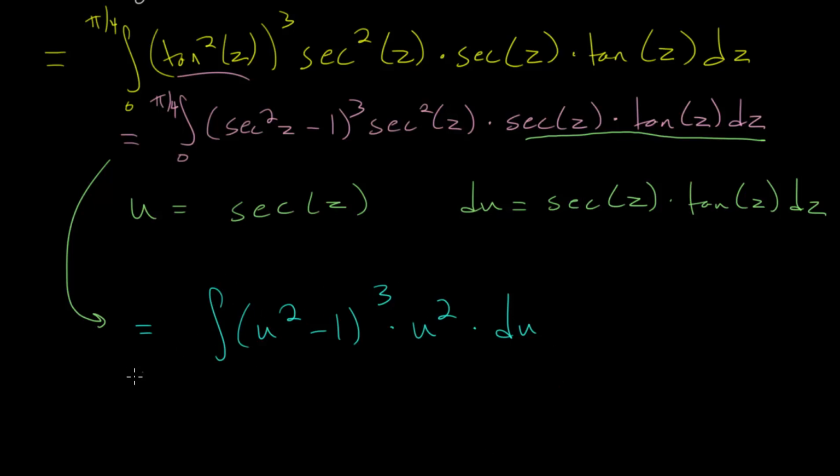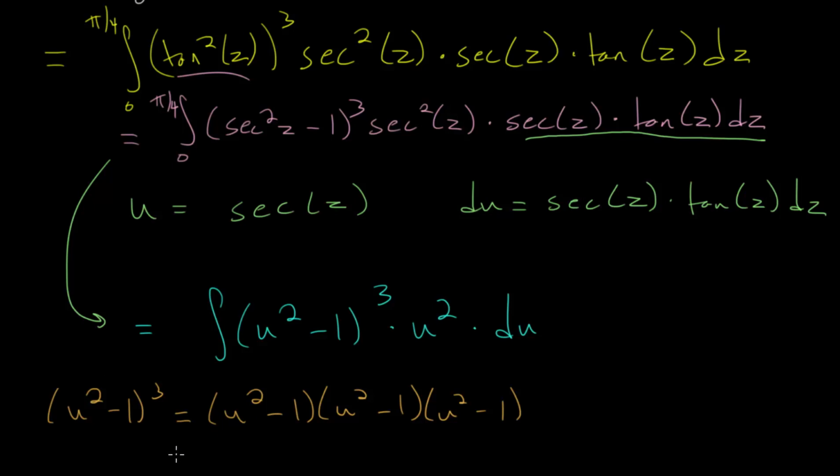Let's start by rewriting this u squared minus 1 to the third, and we can actually multiply it out. Let's rewrite it 3 different times, and we could use the binomial theorem here if you want. But we'll multiply these first 2 terms. We get u to the fourth minus 2u squared plus 1.